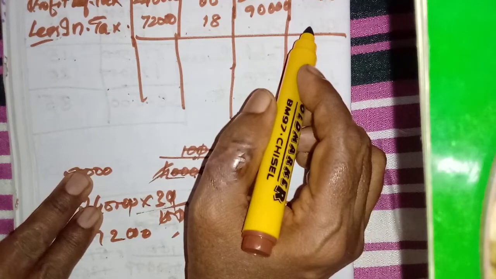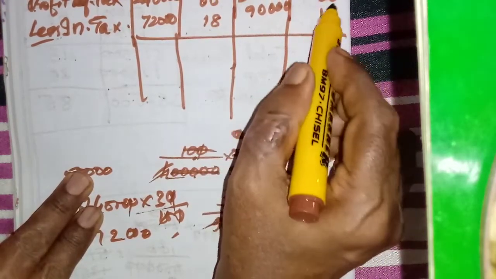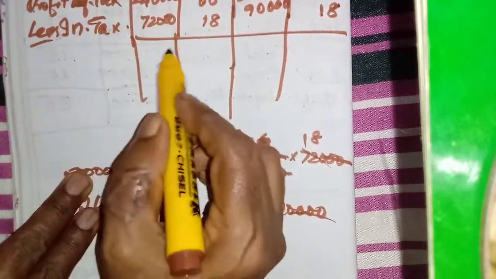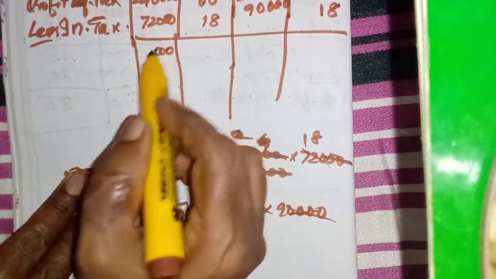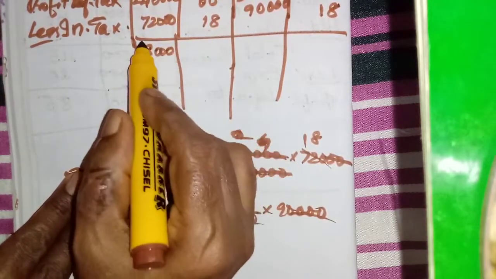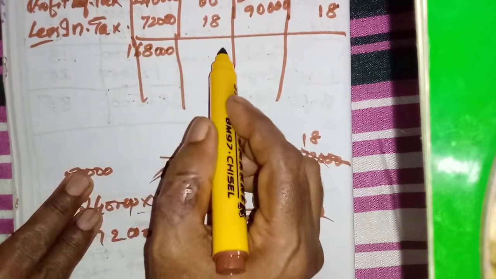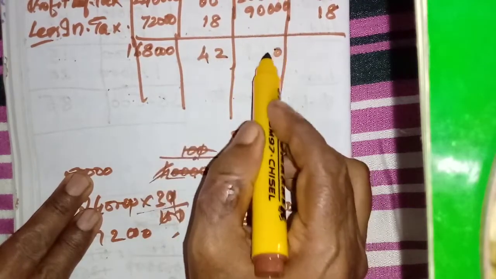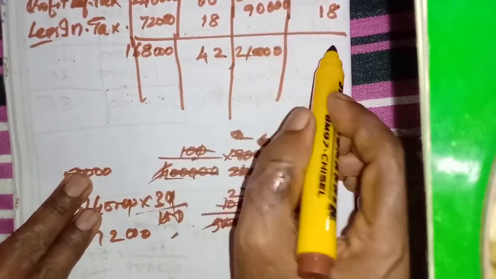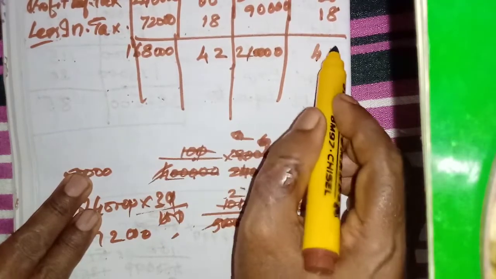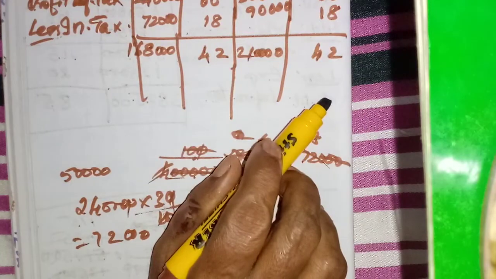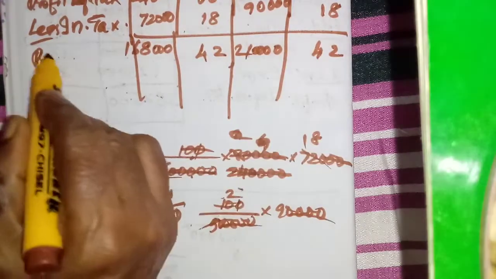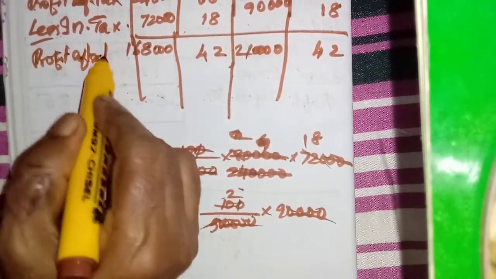Okay, now we will deduct less 30 8 3 13 minus 7 6 1 1,68,000. Then 2 5 minus 1 4 2,10,000. Same 42, isn't it? 42, 2,10,000. Okay, this is profit after tax.